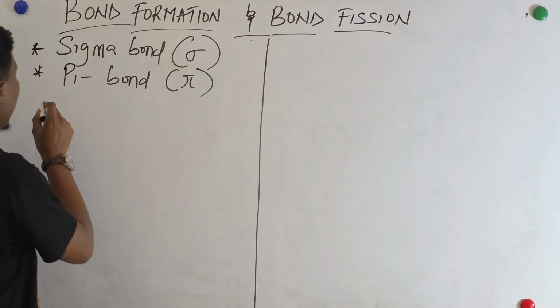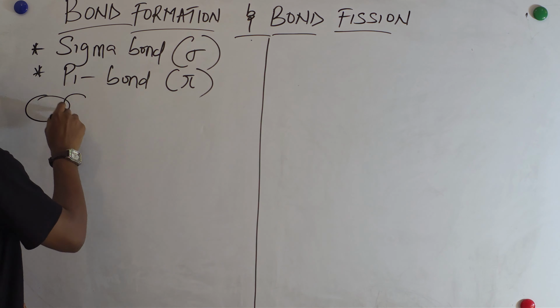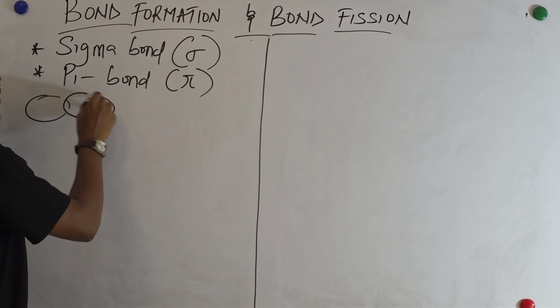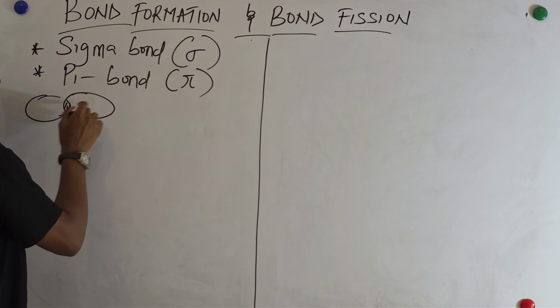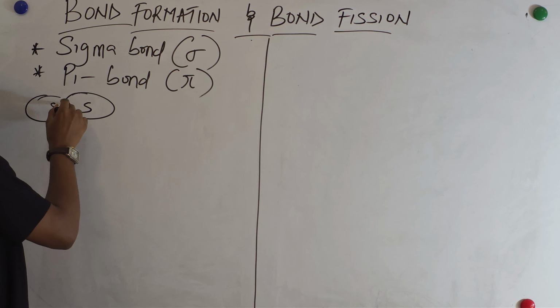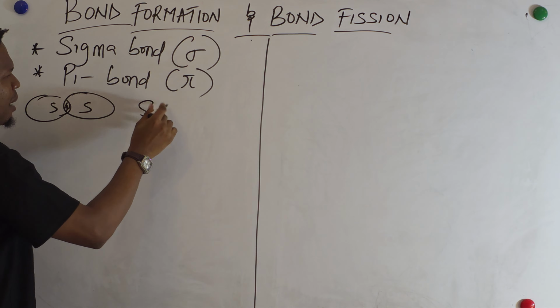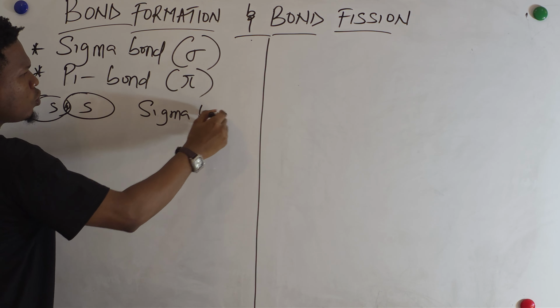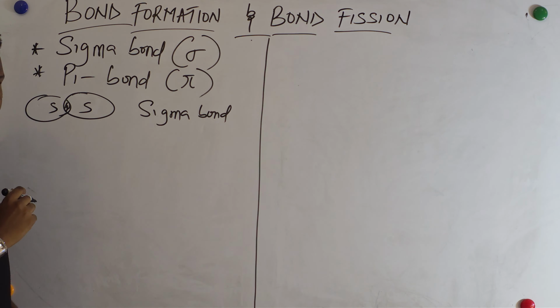Now, when you have an s orbital overlapping with another s orbital, the bond formed here is a sigma bond. Take note. The bond that is formed between these two is what we call a sigma bond.